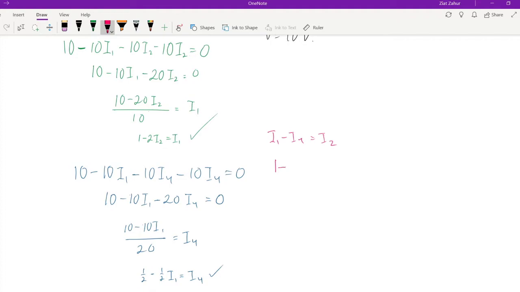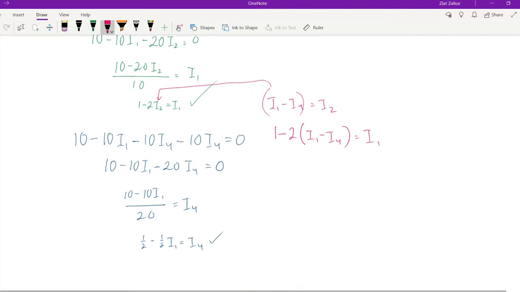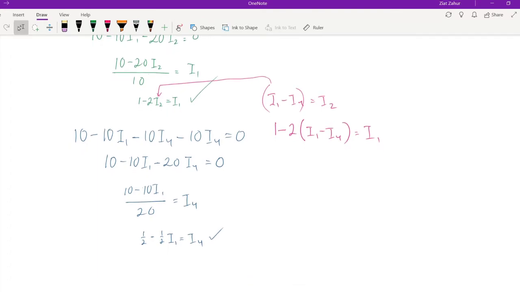So 1 minus 2 times I1 minus I4 equals I1. Okay, so we're going to substitute this into here.